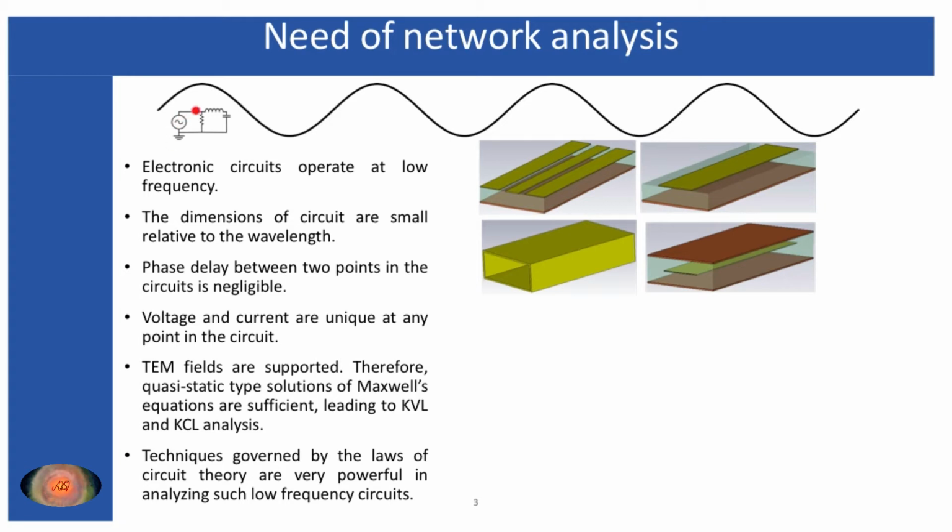Here you can see I have represented a simple electronic circuit, to make you understand that a low frequency circuit which deals with ordinary circuit theory laws is basically very small compared to the wavelength it is dealing with. For example, an ordinary circuit deals with low frequency signals of the order of kilohertz to megahertz, whereas the microwave circuits deal with high frequency signals of the order of gigahertz.